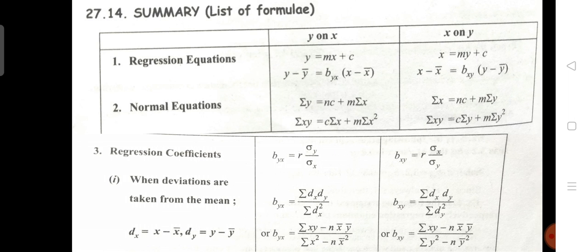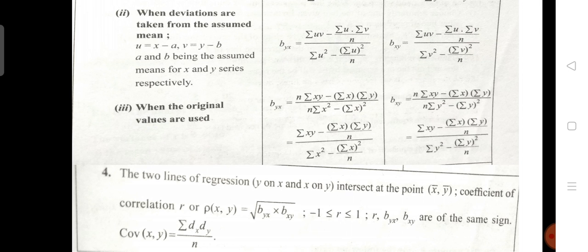Now the summary. You have studied many equations, so to avoid confusion, please study this table. The table is very easy. It lists the regression equations, normal equations and regression coefficients, when deviations are taken from the mean, when the mean is assumed, and when the original values are used.